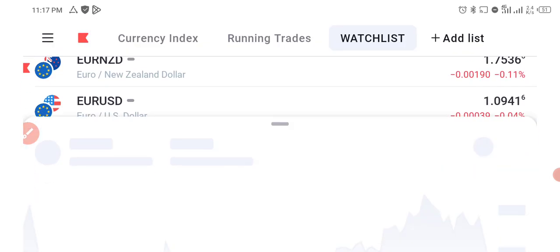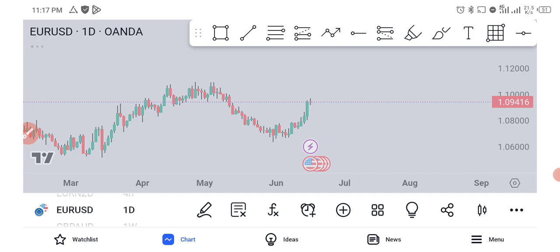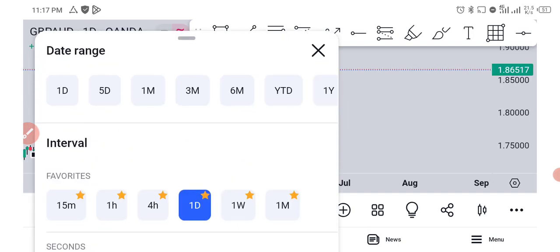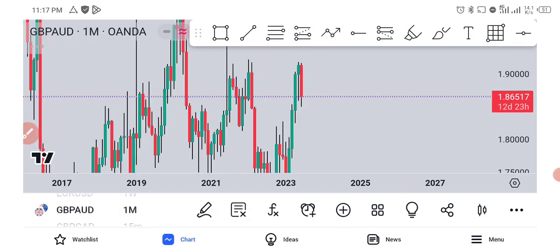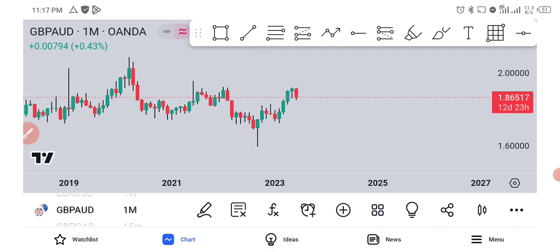So going on to GBP AUD. Starting on the monthly time frame, we have this move to the downside. So I need a move to the downside. Before trading this ICI that the monthly time frame is about to clear, that will be in one or two months' time. This is June, July.